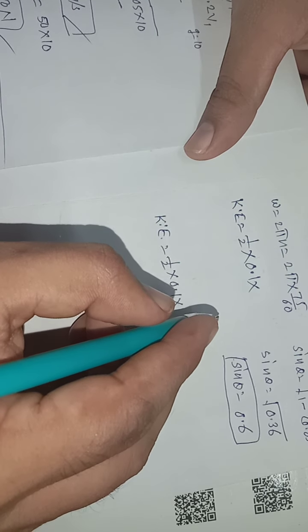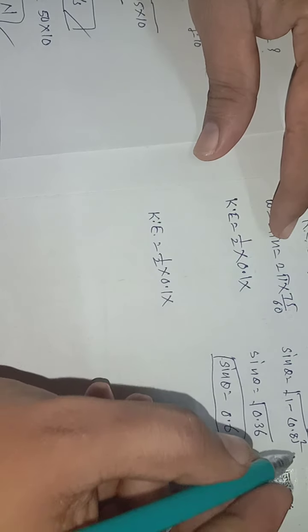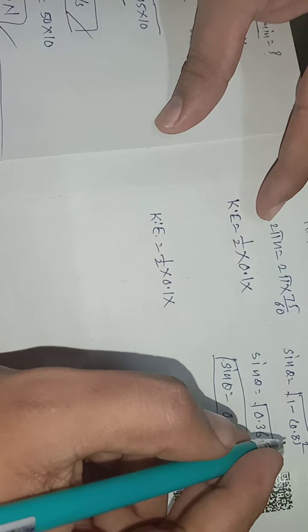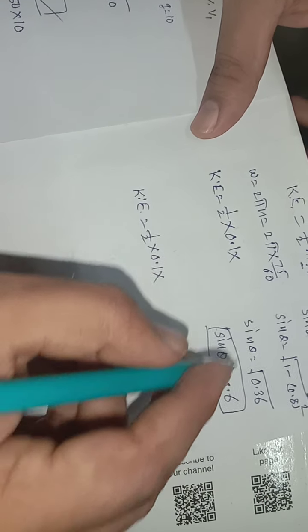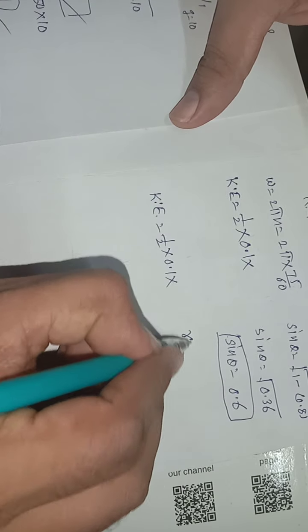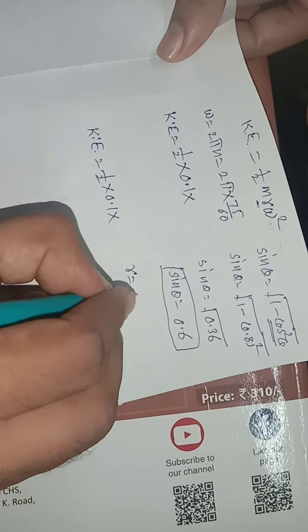So KE is equal to half into 0.1 into m r omega square. We are calculating that r. Here, the formula says r is equal to L sin theta.